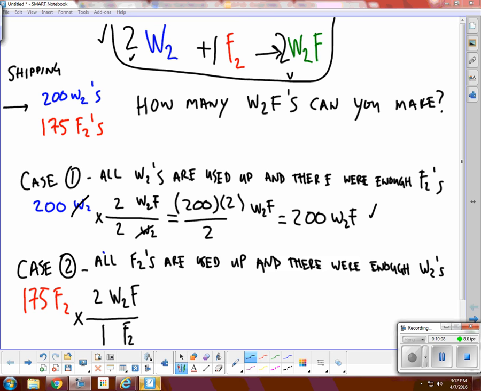If we cancel out the frame unit, we're left with 175 times 2 divided by 1, and our unit is bikes. If you multiply that together, you end up with 350 bikes.